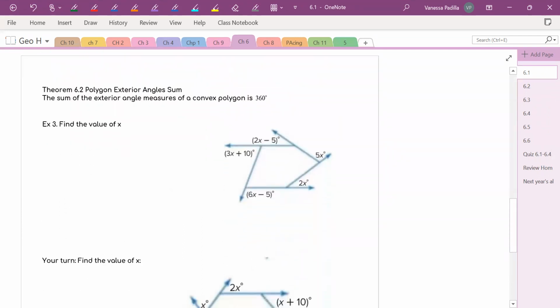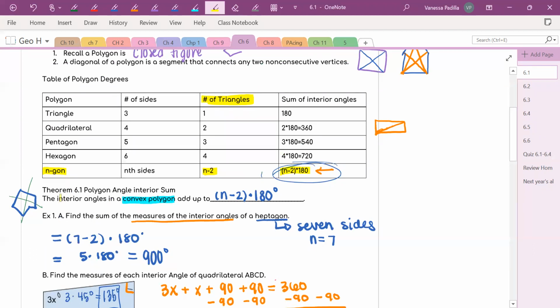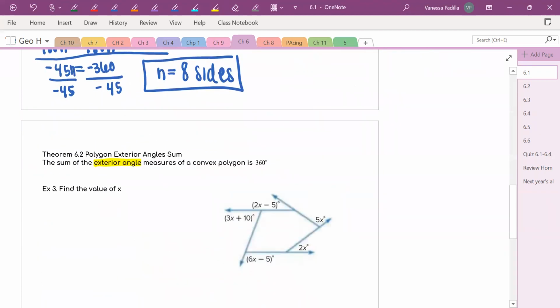All right, our last theorem is just the sum of the exterior angle measures of a convex polygon is 360 degrees. So no matter how many sides it has, the exterior angles, so don't confuse that with the interior ones that we had up here. This was interior, and the one down here is exterior. So the sum of those is 360.